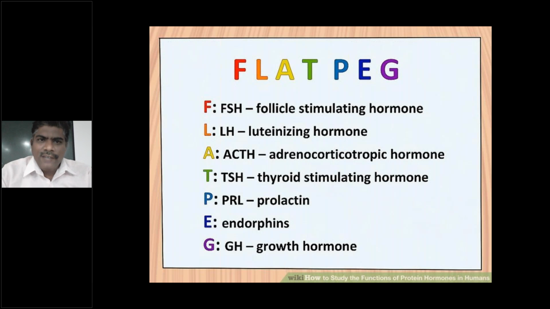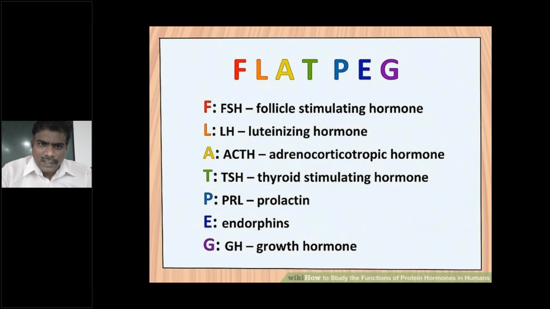F stands for follicle stimulating hormone. L stands for luteinizing hormone. A stands for adrenocorticotropic hormone. T stands for thyroid stimulating hormone. P stands for prolactin. E stands for endorphins. G stands for growth hormone. So FLAT PEG is the mnemonic word to remember the anterior pituitary hormones.